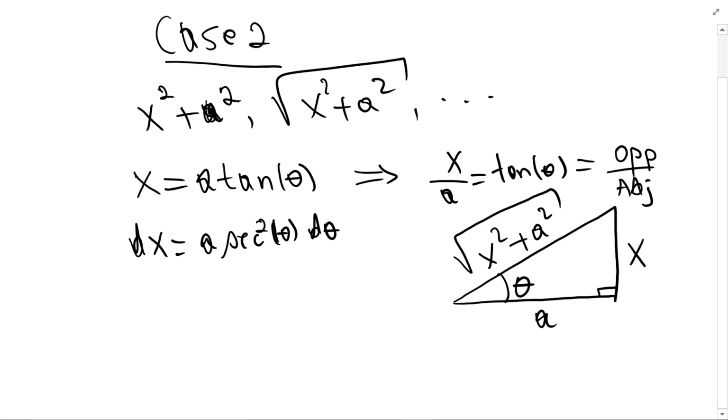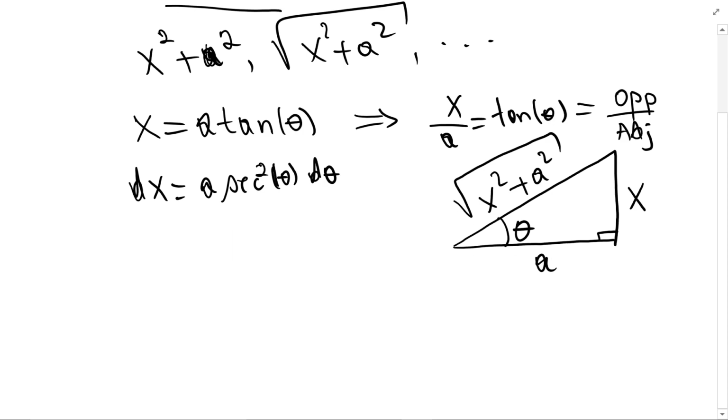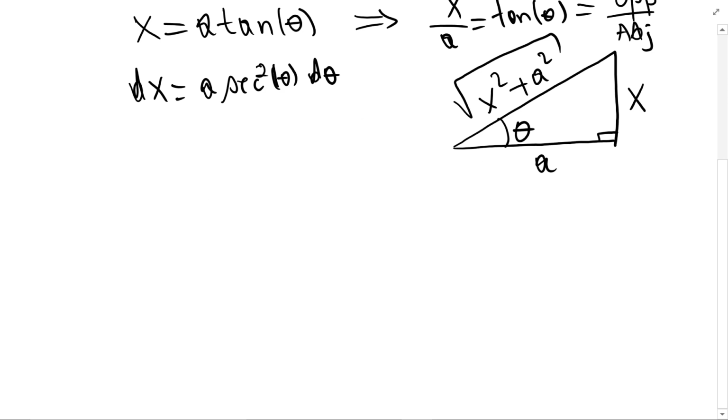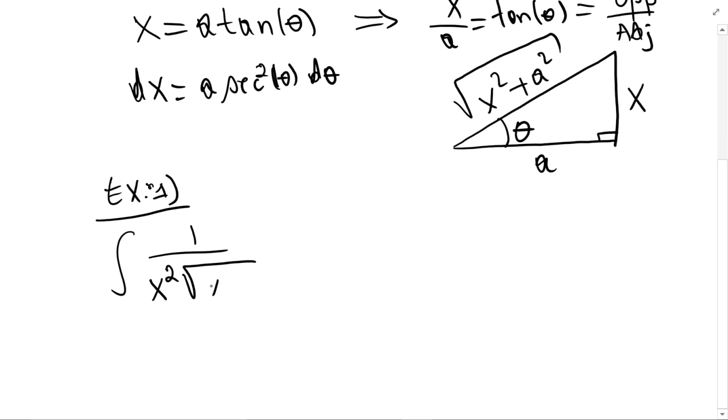So now let's take an example on case 2. That example is problem number 1. It says to integrate 1 over x squared times the square root of x squared plus 4 dx.